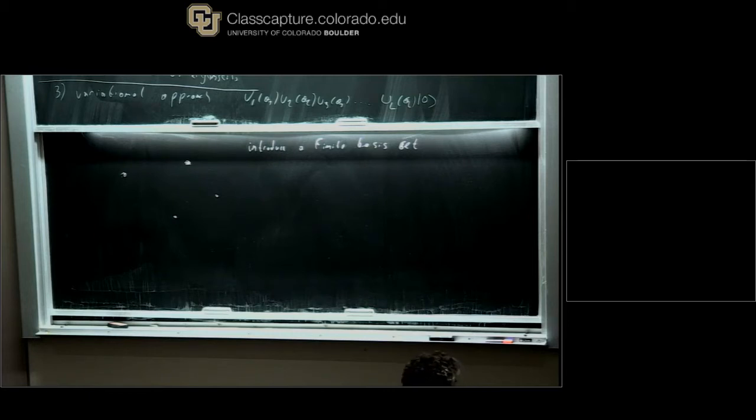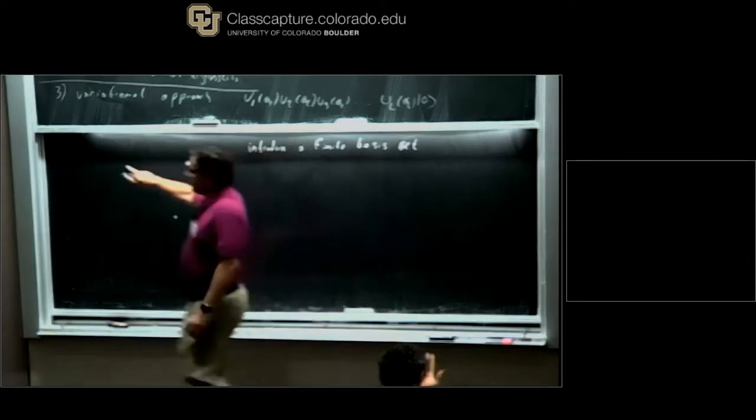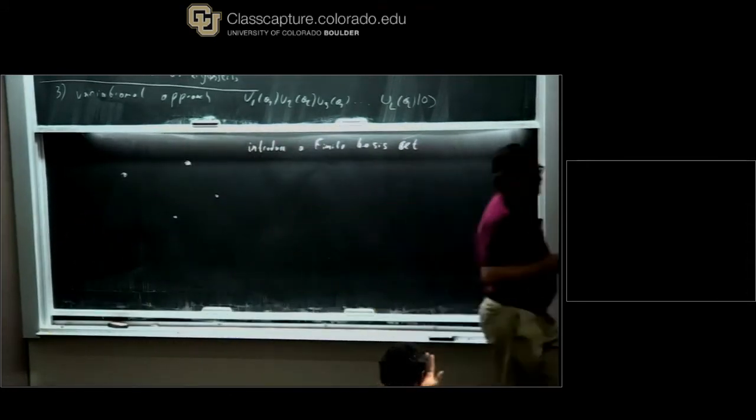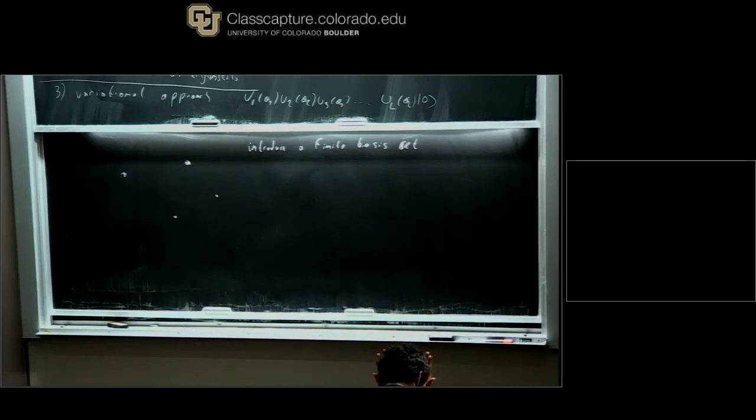That's a great choice. But if I have one around this atom and one around that atom, that will not be orthogonal. What do we do? One thing is to orthogonalize it and then always carry around these complicated basis states. So you can actually do quantum mechanics in non-orthogonal basis sets.